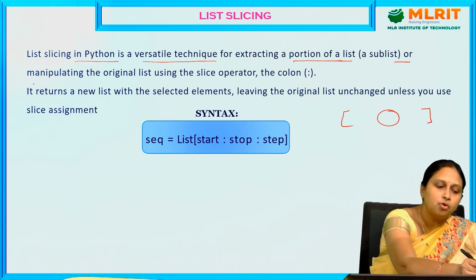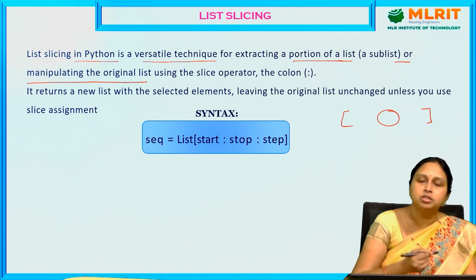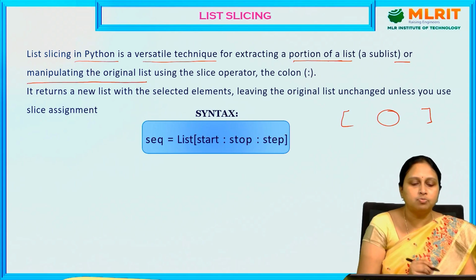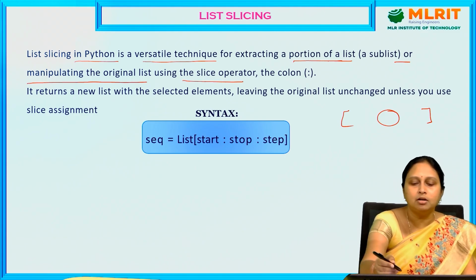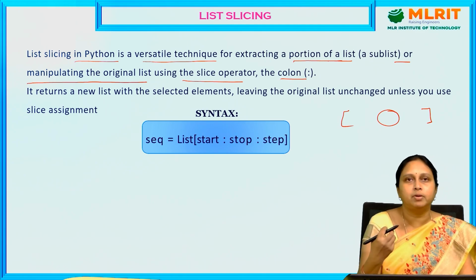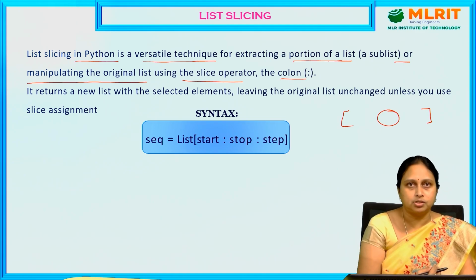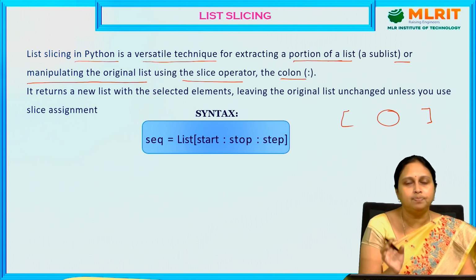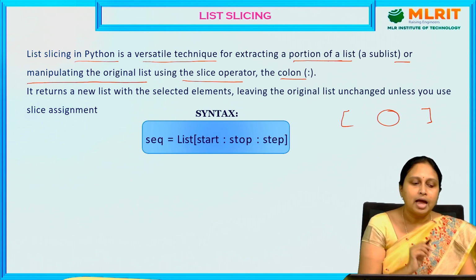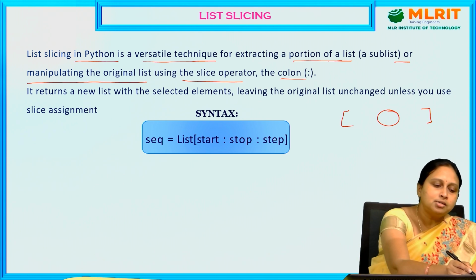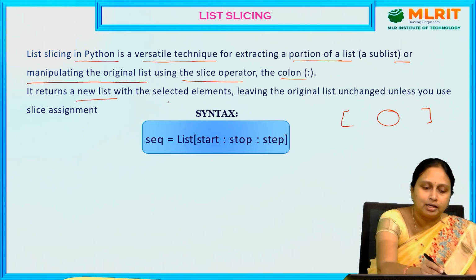If you want to do any manipulations on the original list, that is also possible. By using the slice operator, we can extract that particular portion of the list and display that content, even after manipulating the original list. It returns a new list with the selected items.